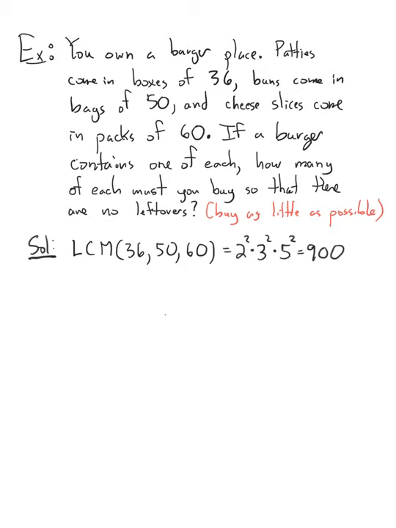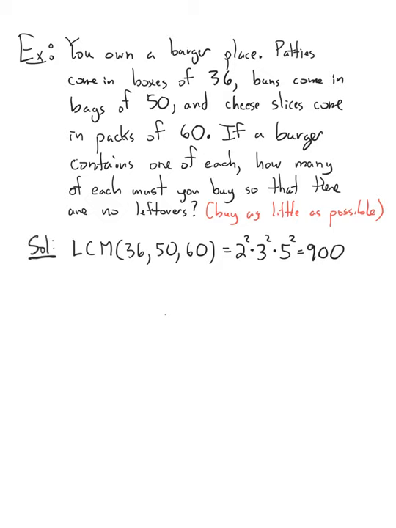Okay, so hopefully you were able to work out that the least common multiple of these numbers is 900. So we need to be able to buy 900 burgers in total. So we can buy patties in boxes of 36, buns come in bags of 50, and cheese slices in packs of 60.